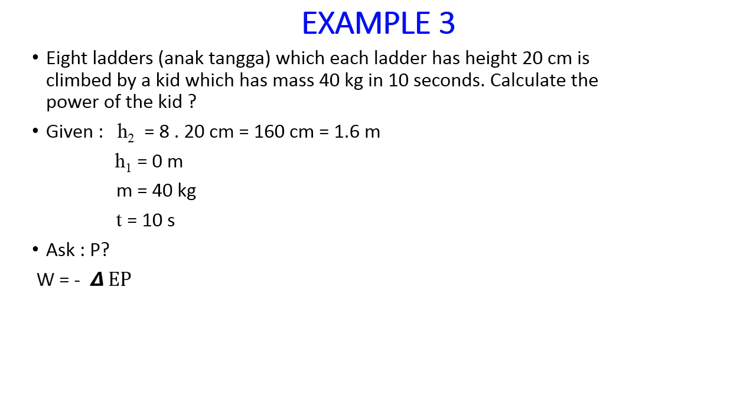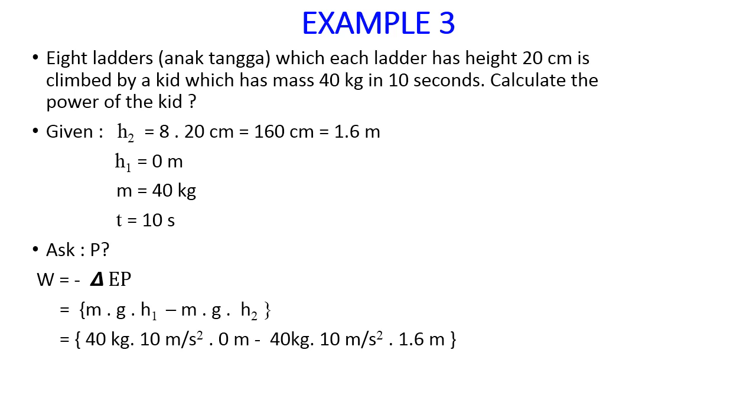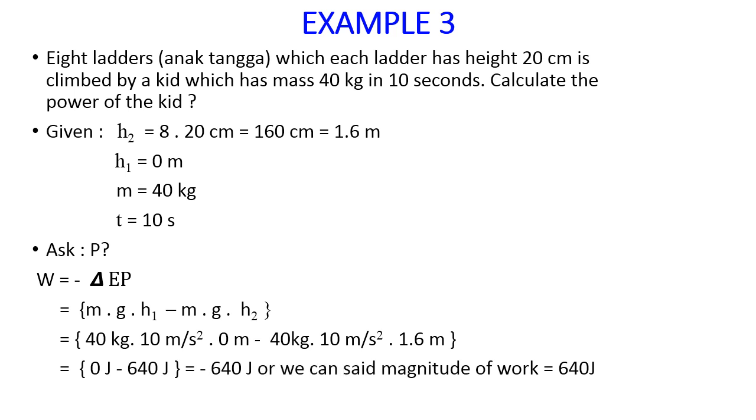Work equals minus delta potential energy equals m times g times h1 minus m times g times h2 equals 40 kilograms times 10 meters per second square times 0 meter minus 40 kilograms times 10 meters per second square times 1.6 meters equals 0 joule minus 640 joules equals minus 640 joules.